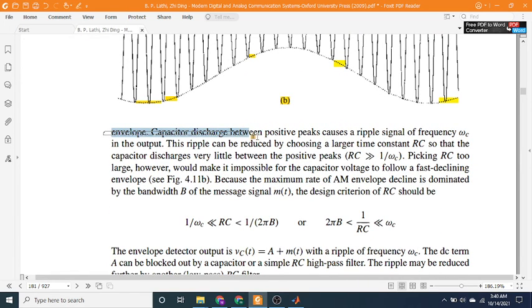Capacitor discharge between positive peaks causes a ripple signal of frequency ωc in the output.